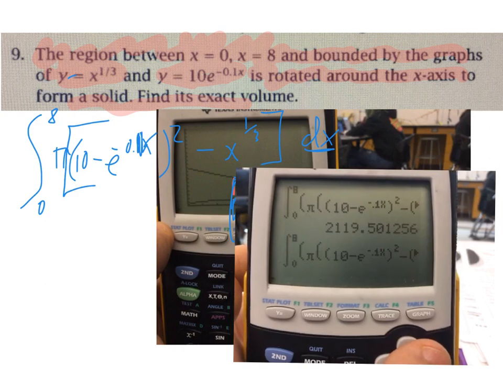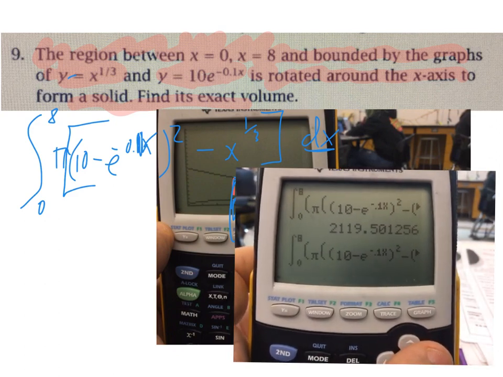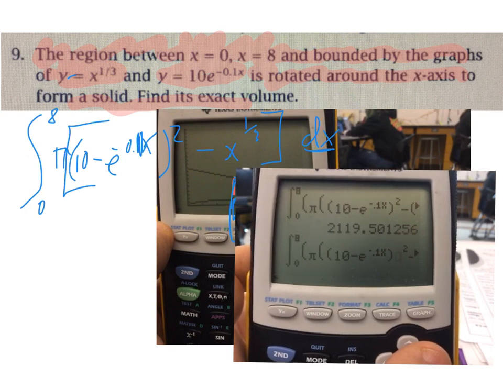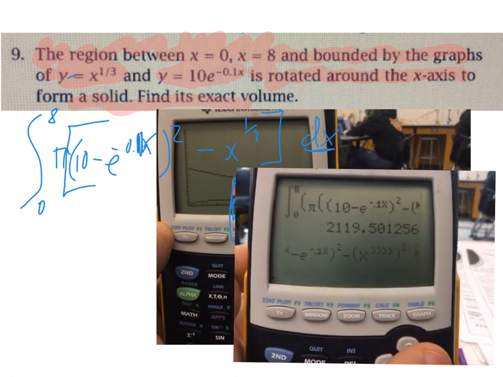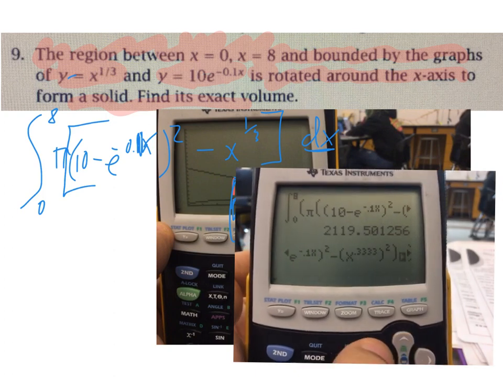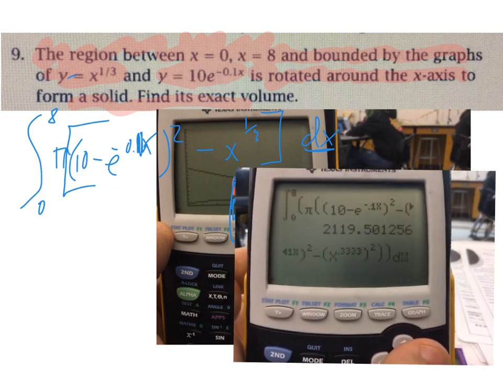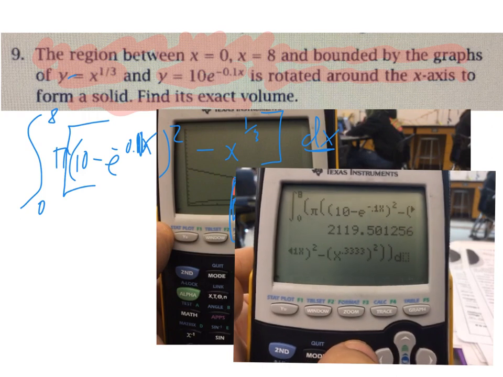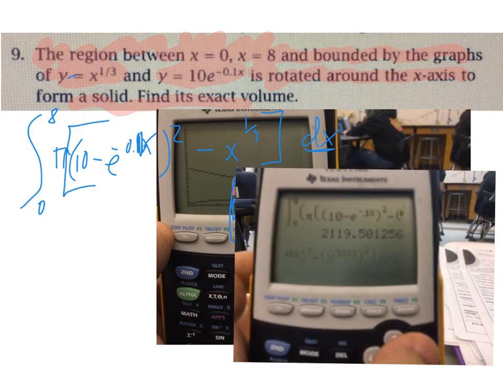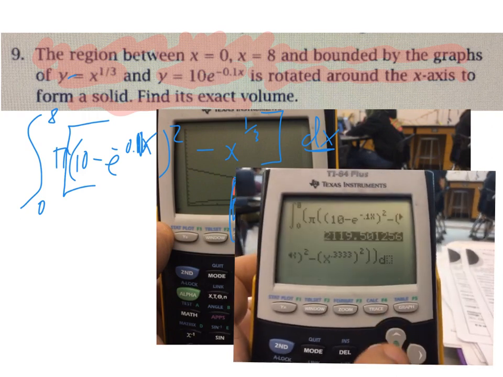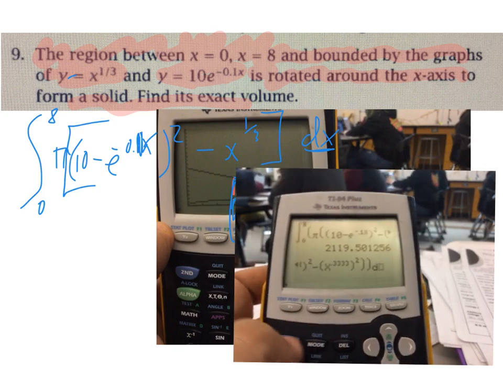Inside my big parenthesis, I have my first radius, the very top function, squared, and then my other radius, squared as well. Then I inserted a parenthesis with the entire thing, and I made it dx because the thickness has to do with dx.